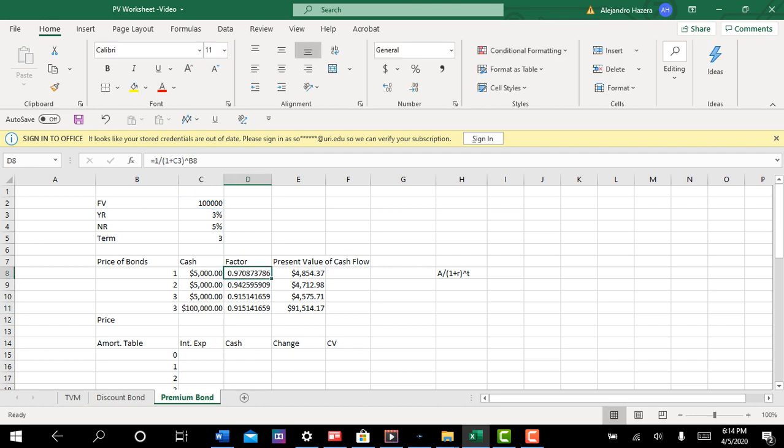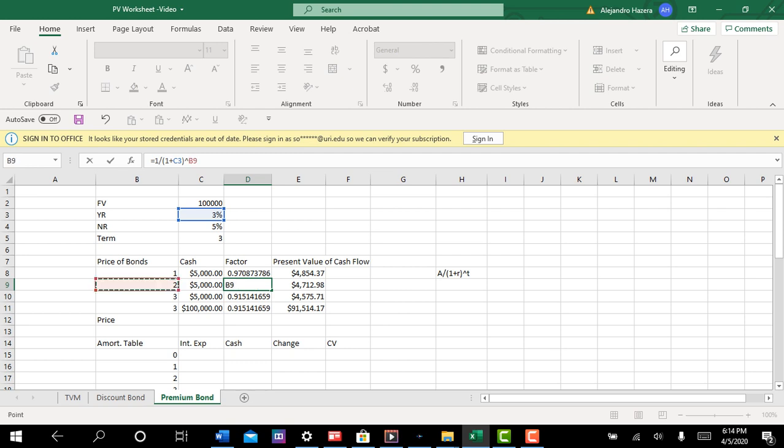And then finally, as factors, notice the difference. If I scroll down, the only difference is the amount that I'm raising this to. I'm actually going to change this so that it's equal to that right there. You get the same factor, and that's correct.